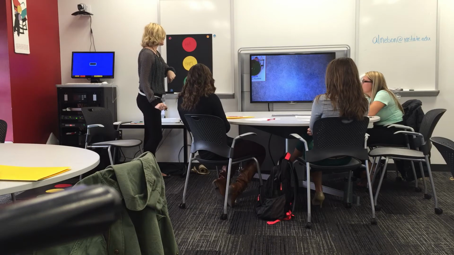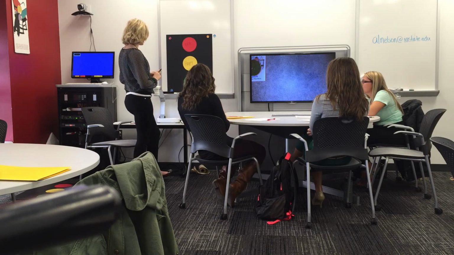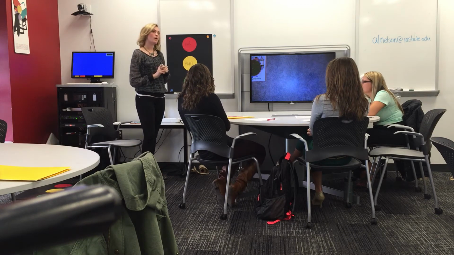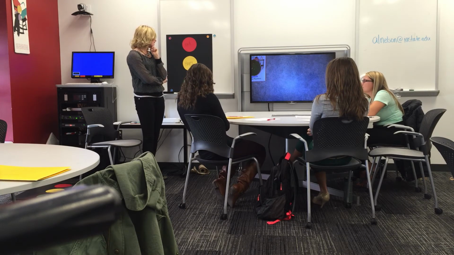Okay, last one on our character stoplight, and it's green and it's a motivation. A motivation I have is this weekend I want to get ice cream. That's a motivation, something I want to do.